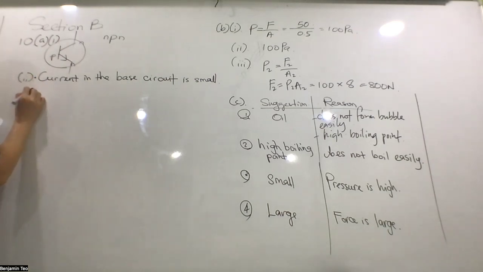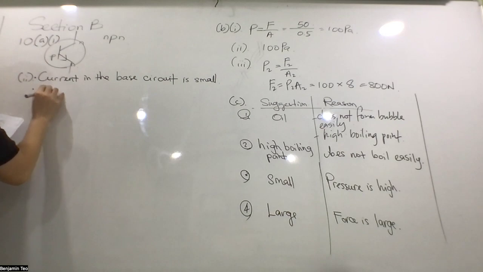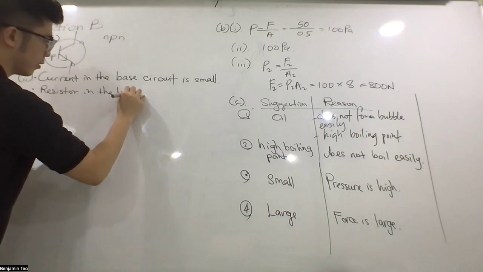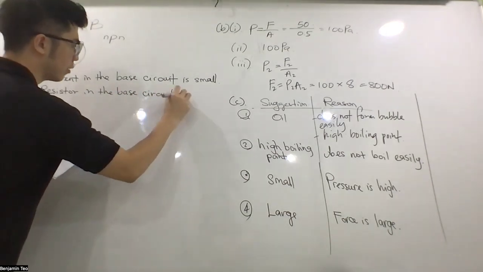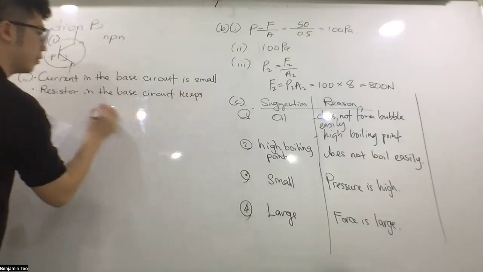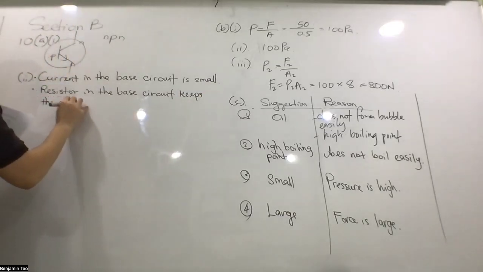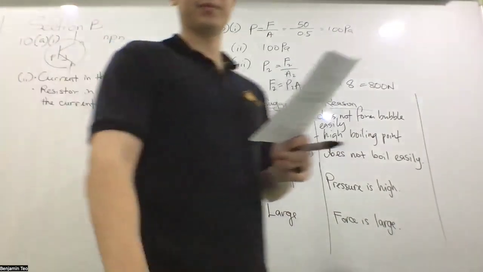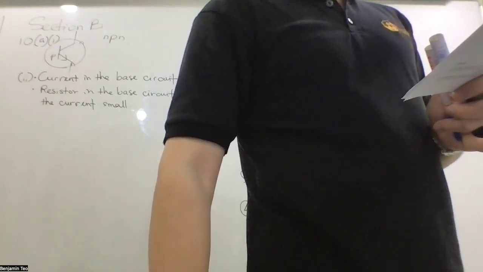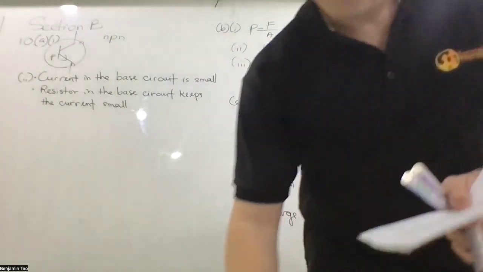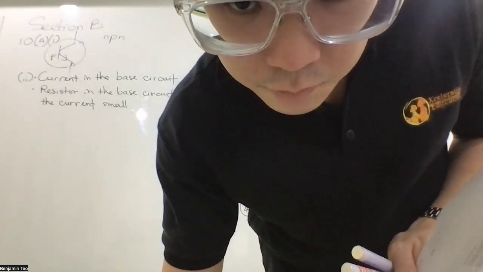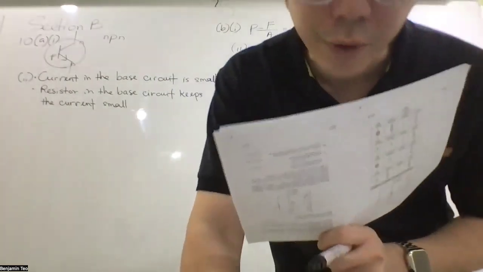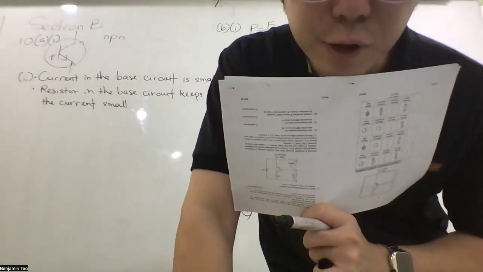Okay, because there's a resistor there. Resistor in the base circuit keeps the current small. Or you can say base current is very low, also can.